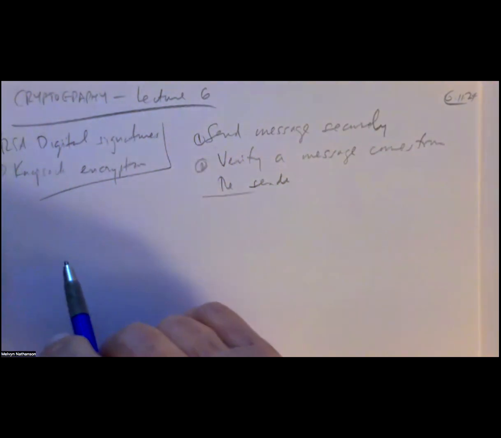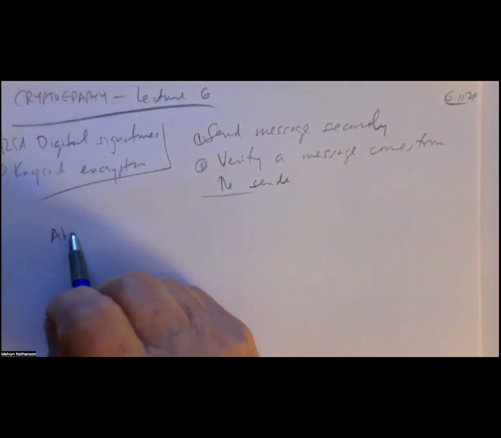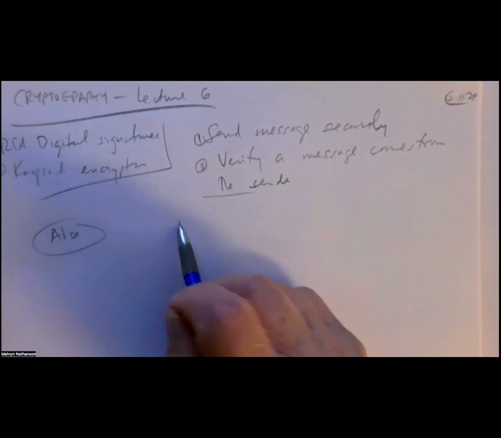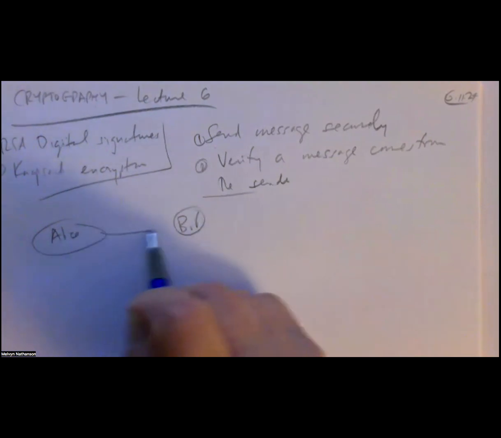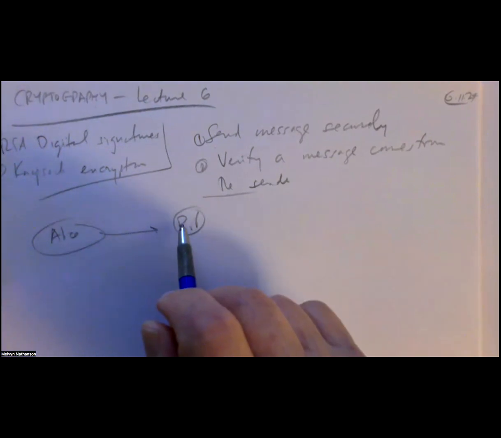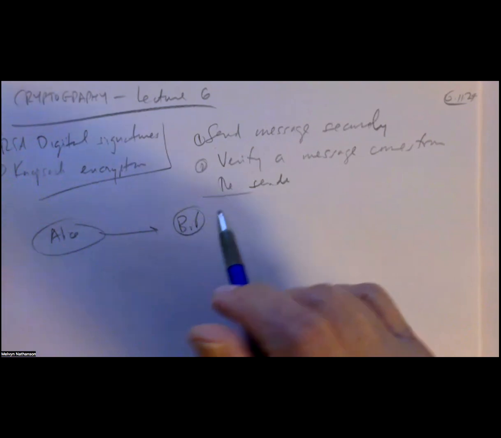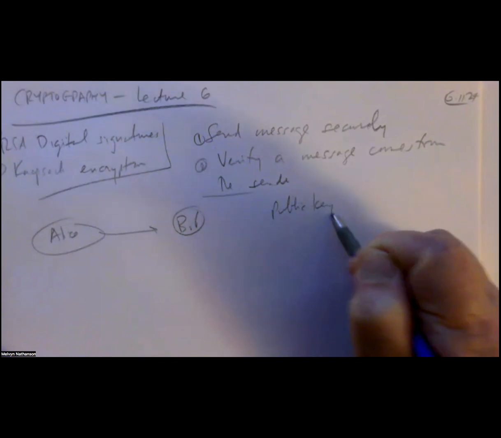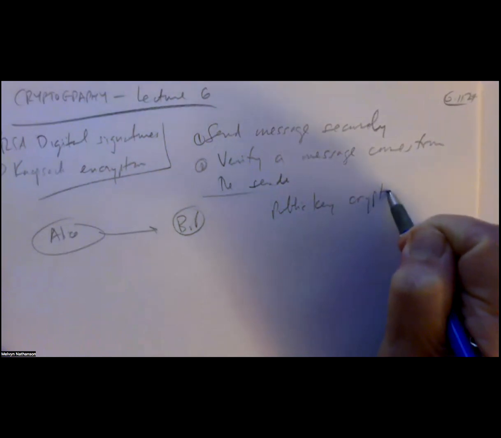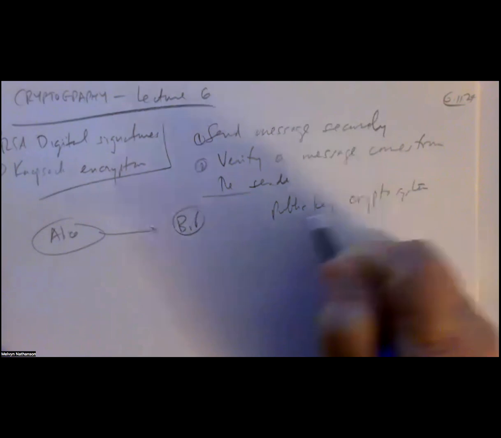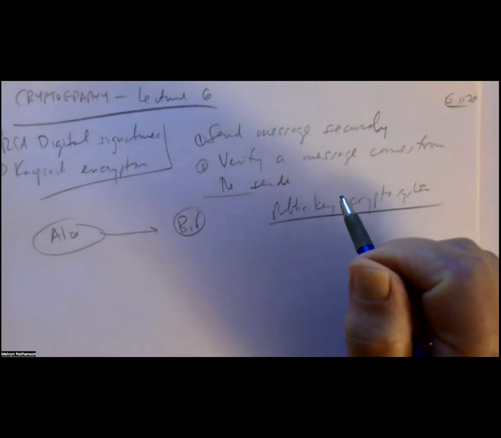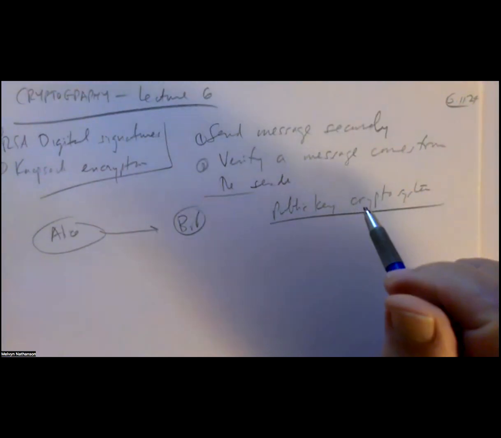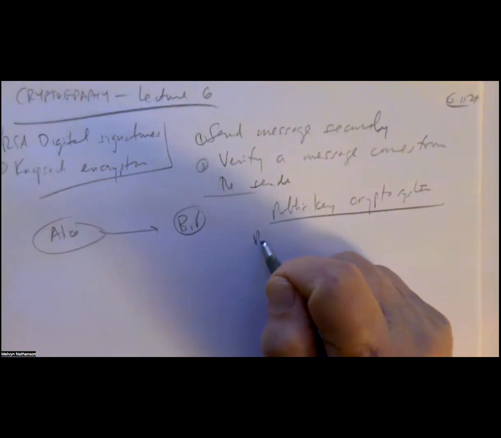So on the one hand, you have Alice and Bob, and one wants to send a message to the other. And in a public key crypto system, there is what is public knowledge.